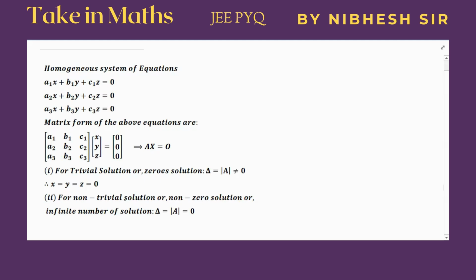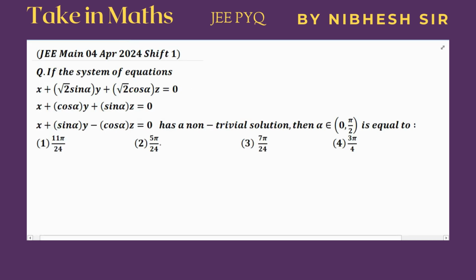But if it has a non-trivial solution, or non-zero solution, or infinite number of solutions, then the determinant of A will be equal to 0. So in the question, it has a non-trivial solution, and for that we have to find the value of alpha.